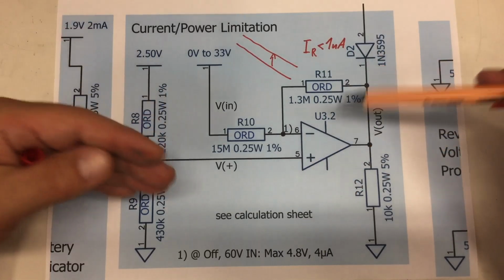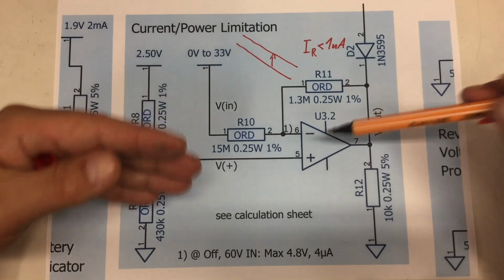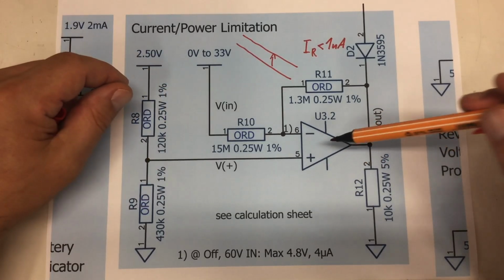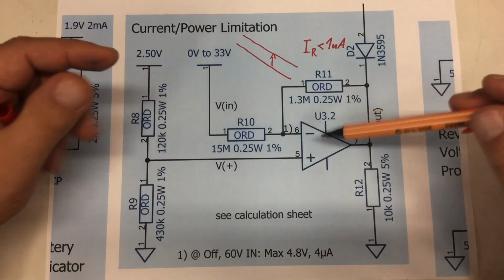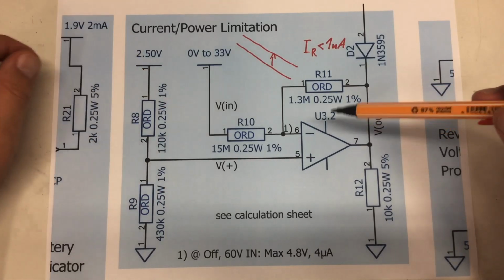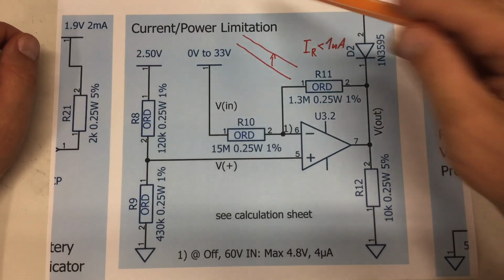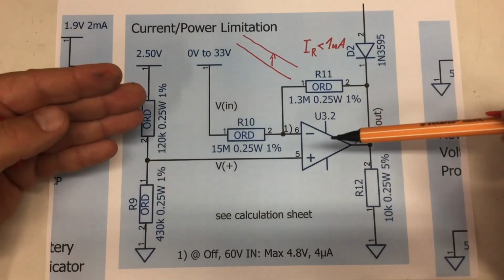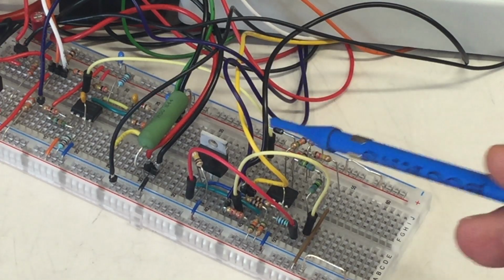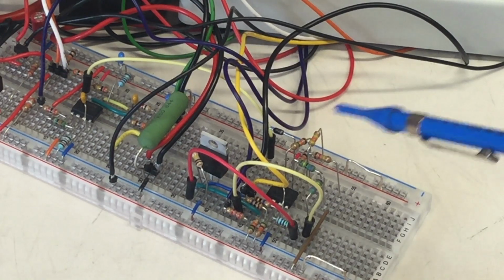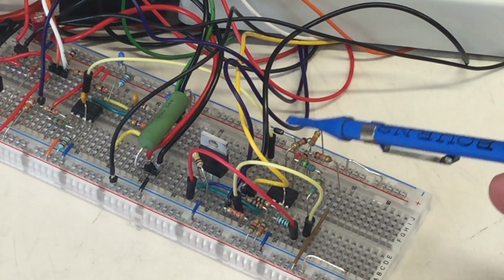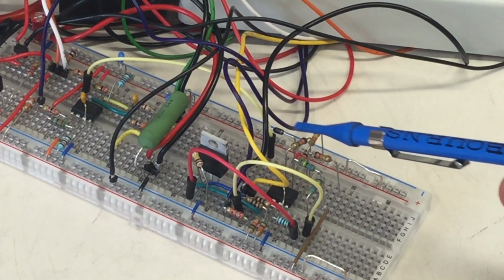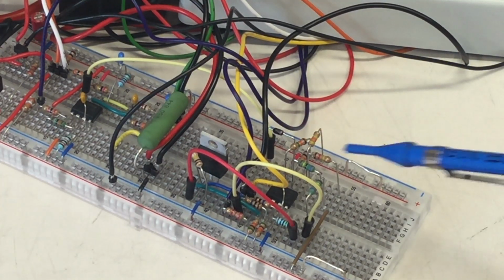Okay, so we'll have at least for 25 volts or so some destructive testing ahead of us. So let's wire the thing up and test it. First, a little close-up of the breadboard. These are all the resistors, and the little black blob here is the diode.